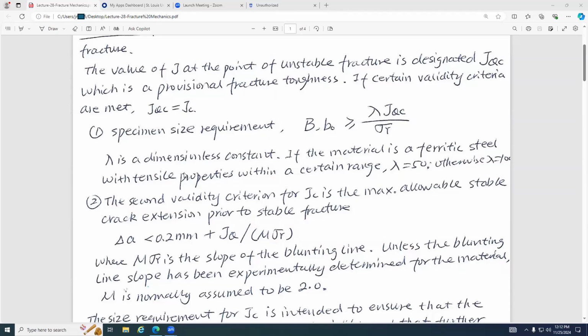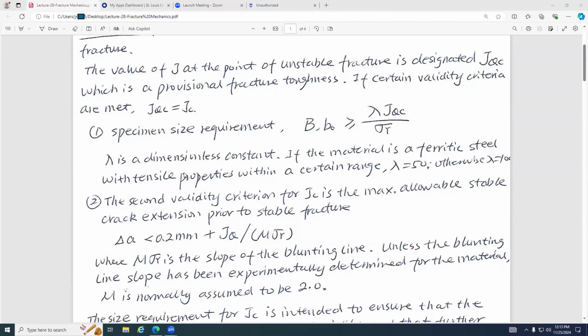Second, the validity criterion for J_c is the maximum allowable stable crack growth prior to unstable fracture. Delta a cannot be higher than 0.2 millimeter plus J_Q divided by M sigma_Y. Again, sigma_Y is the flow stress, a material constant.